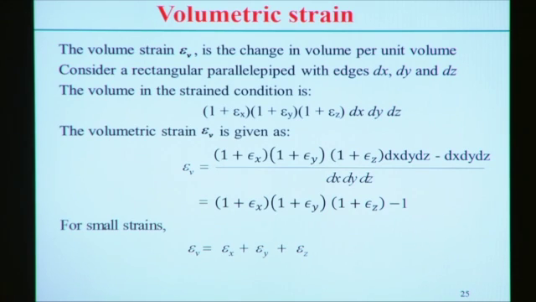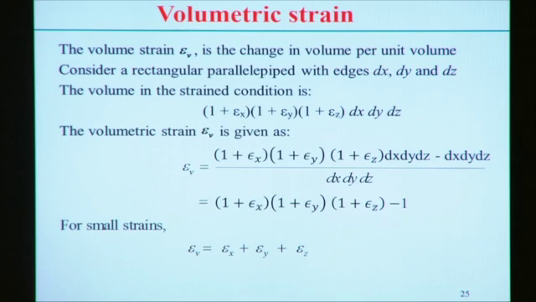So the total volume can be calculated as (1 plus epsilon x) into (1 plus epsilon y) into (1 plus epsilon z) multiplied by the initial volume dx, dy and dz.